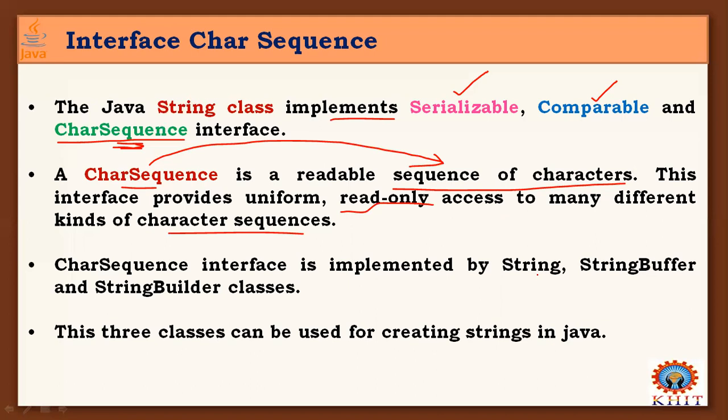And it is implemented by all these three classes: String, StringBuffer, and StringBuilder. And these three classes can be used for creating strings. Remember this, when we are trying to create a string in Java programs, we must use any one of these three classes only. And these three classes implement that CharSequence to organize strings as string objects.